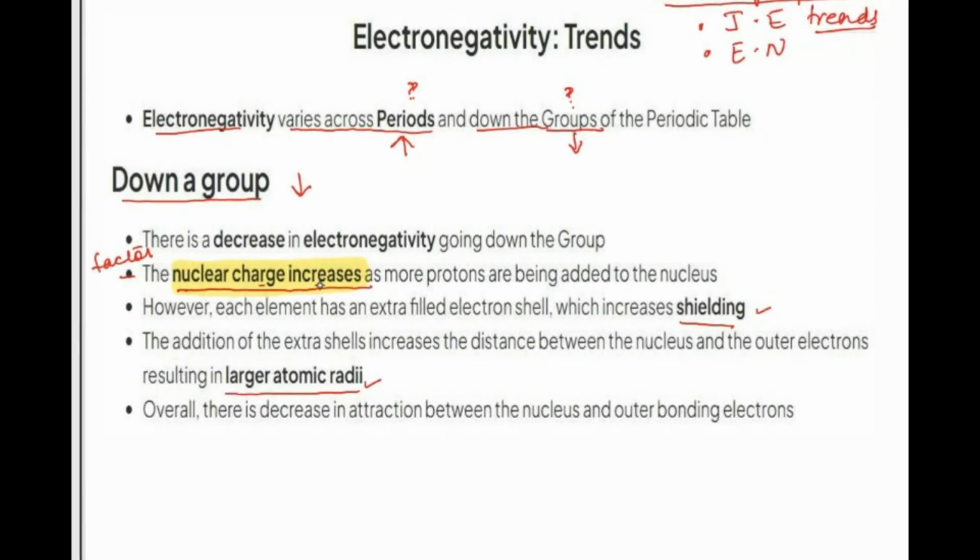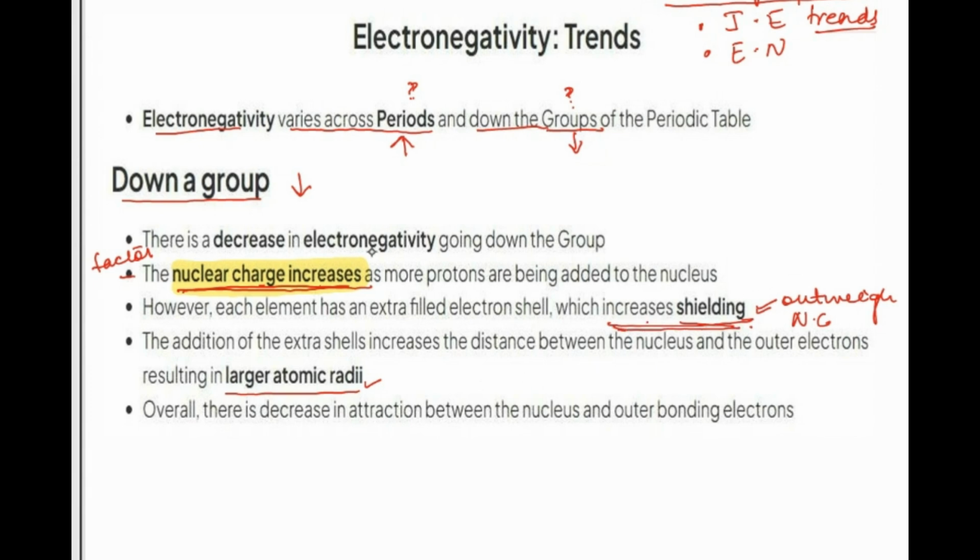The nuclear charge increases, right? Down the group, the shielding effect is also increasing, but the shielding effect outweighs the nuclear charge, so it has a greater impact as compared to the nuclear charge.